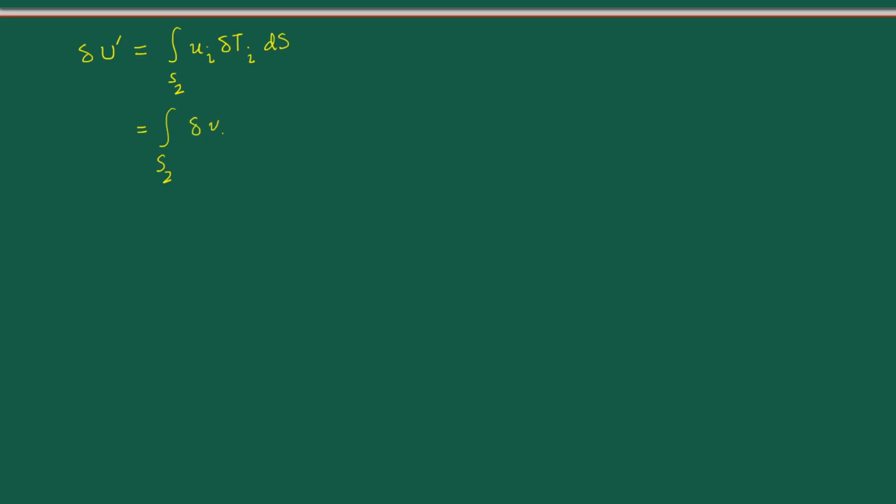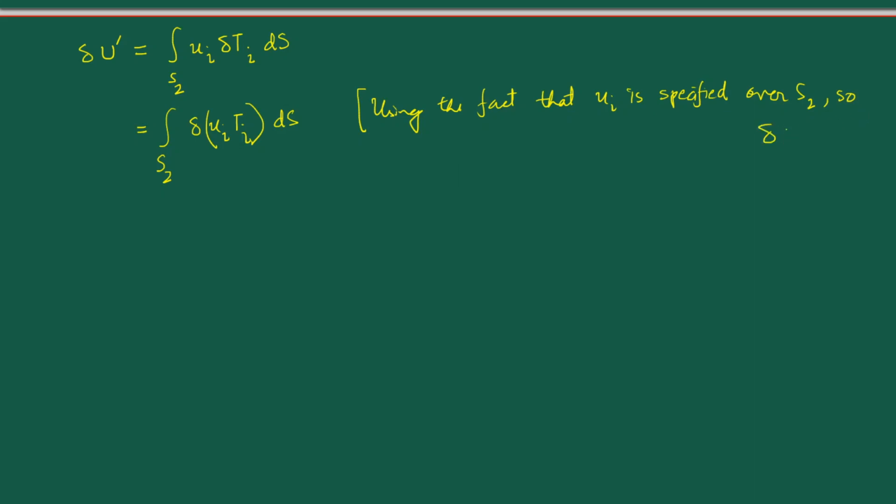Okay, so we can write it like this: using the fact that ui is specified over S2, so delta ui is equal to 0 over S2.